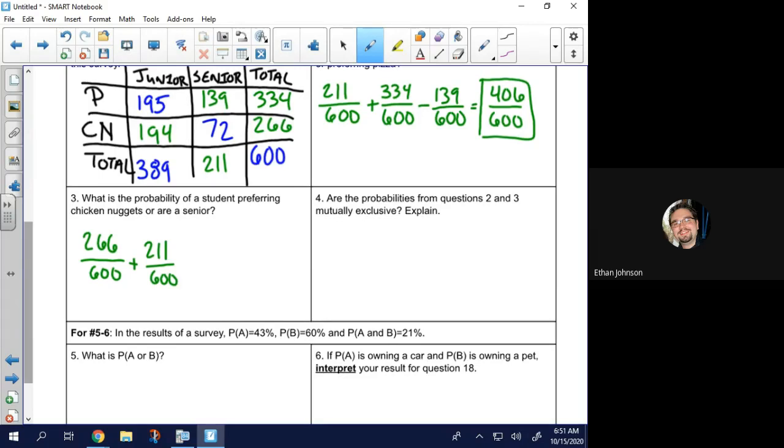And once again, we need to see if they are mutually exclusive to see if there is an overlap. And there are seniors that prefer chicken nuggets. So there were 72 of them, so we need to subtract 72 out of the 600. Once again, the denominator is still going to be the 600. And then 266 plus 211 minus 72 gets us 405.